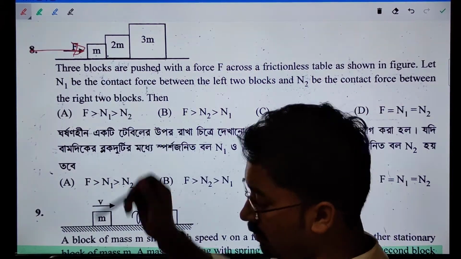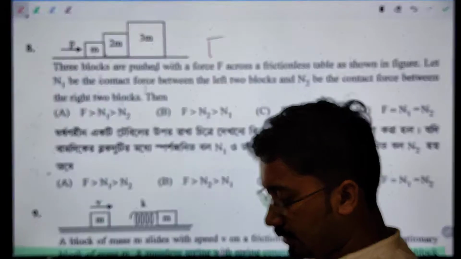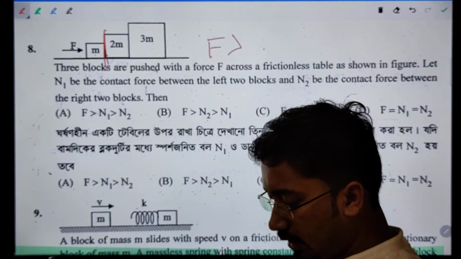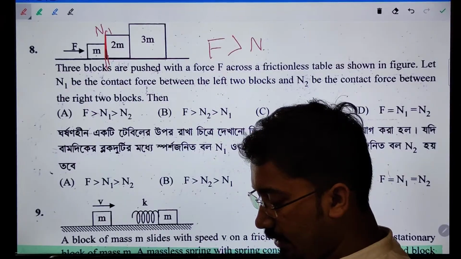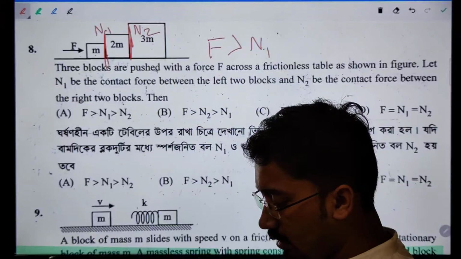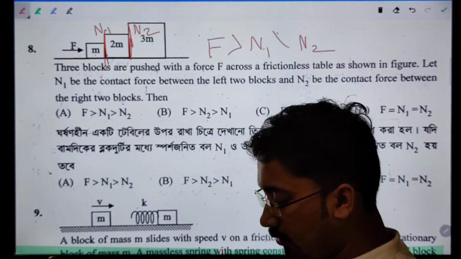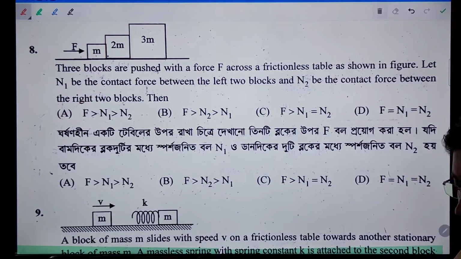So this force will be most powerful, so F will be greater than N1, if in this contact the force is N1, and in this contact if the force is N2, N1 will be greater than N2, so option A will be our right answer.